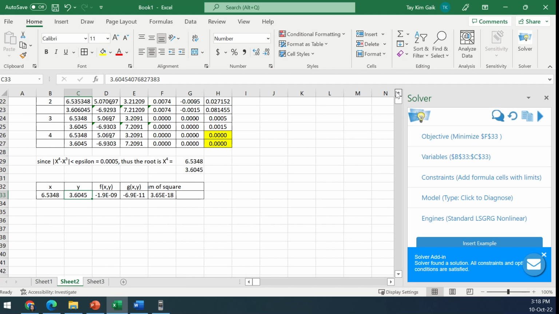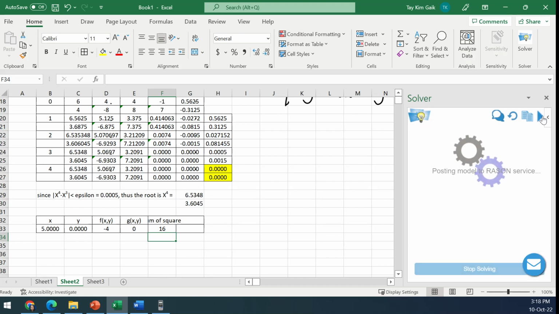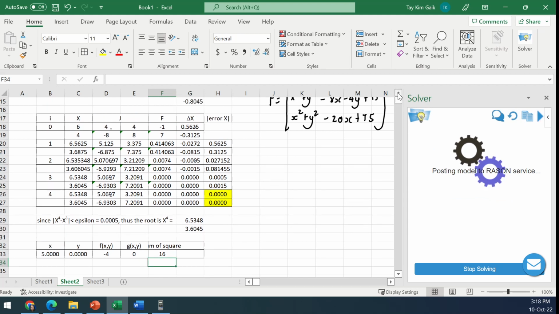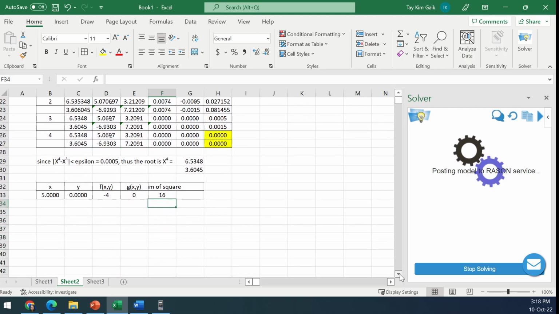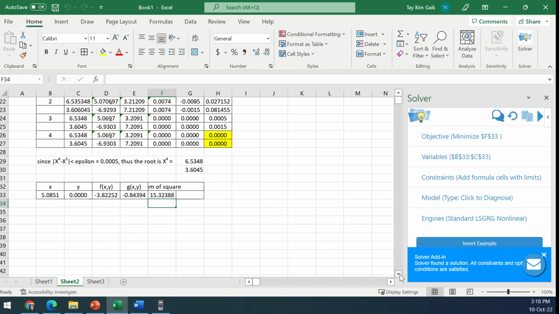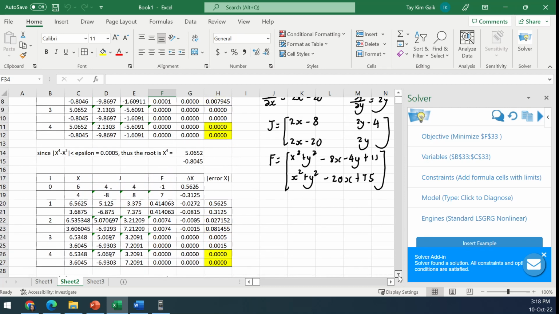Okay, we put the second root, the third root, we get it using Solver. Let's try putting 5, 0 and solve. Because I put 5, -1, y is obtained as 0, which is quite far away, I mean not accurate. I don't know what happened. The first root is not accurate.